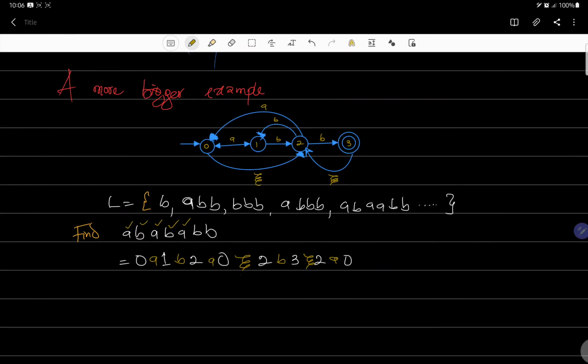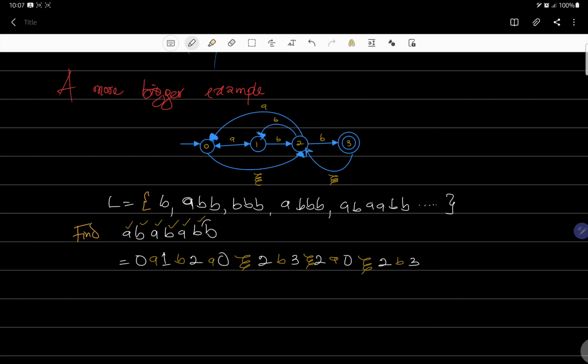Let's go through epsilon again from 0 to 2 so that we can achieve this B. So we go to this epsilon, and we went to 2. From 2 we achieved our b, which is this b. It has gone. We are now inside 3.